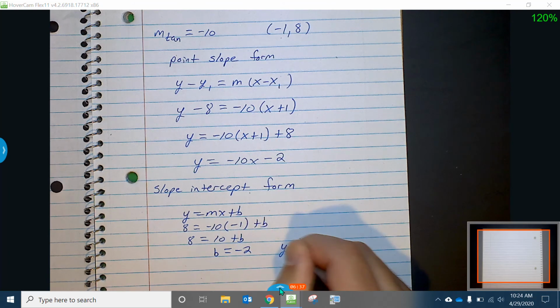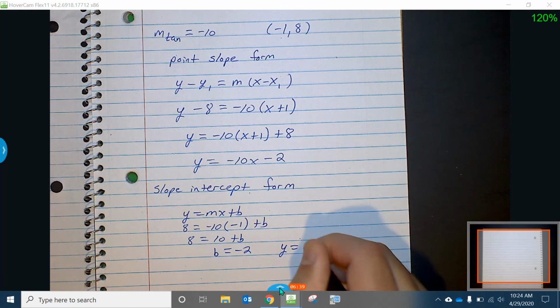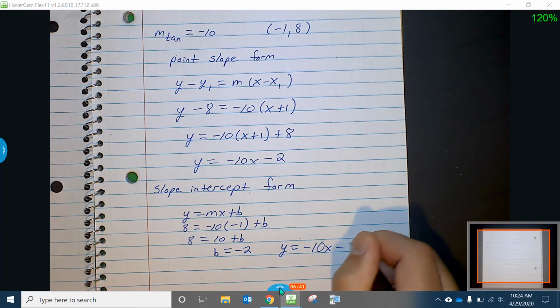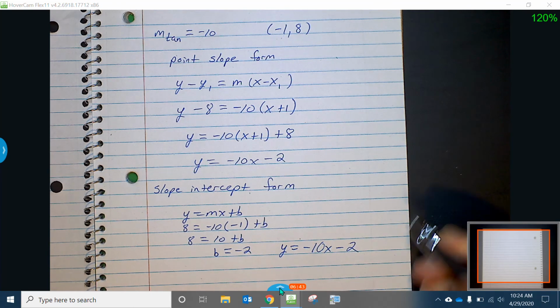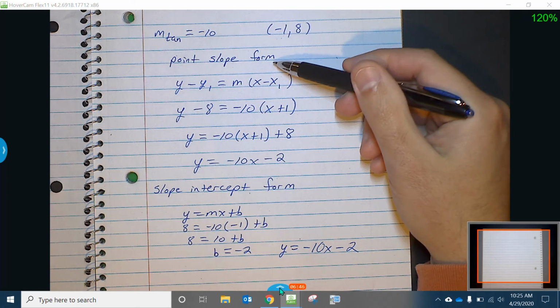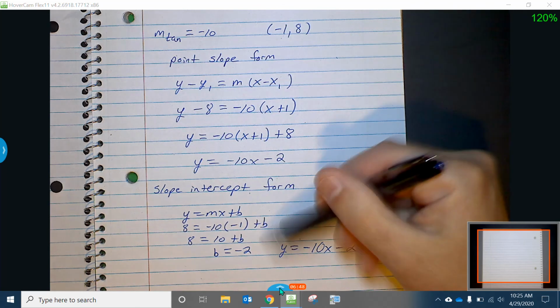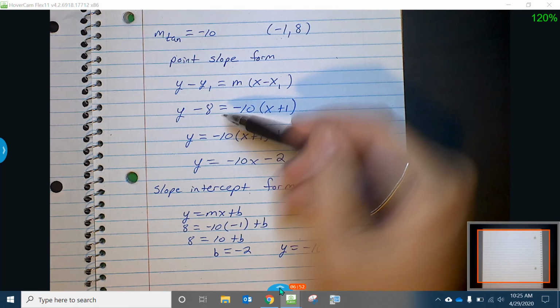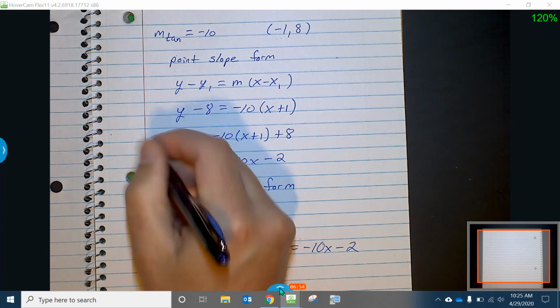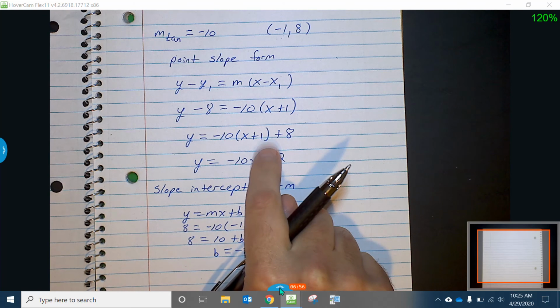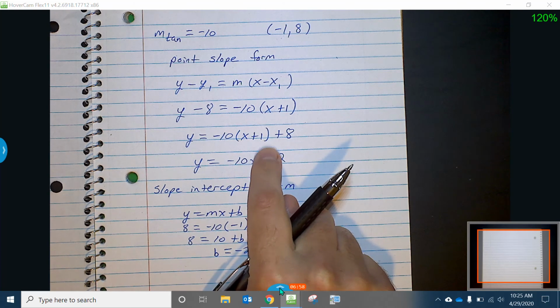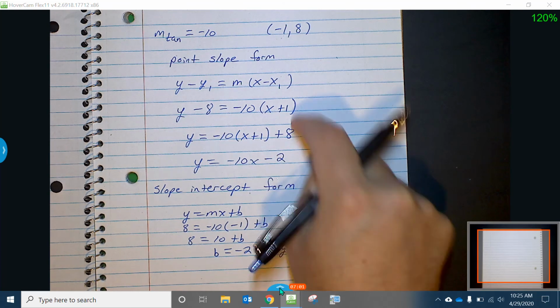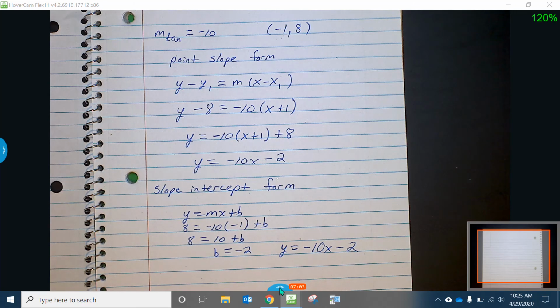So your equation, just like up top, is negative 10x minus 2. So you can use either form. I like using this, so I think it's easier and less work. You don't have to solve for anything, you just plug it in. If AP wanted y equals, this one right here would be a good answer. If you wanted to simplify it further, you could. I like point slope, but it's all preference.